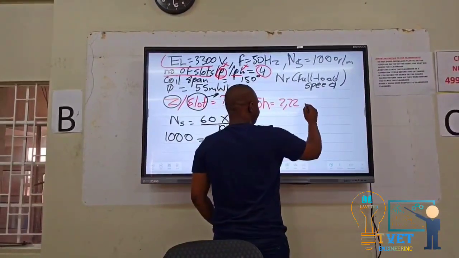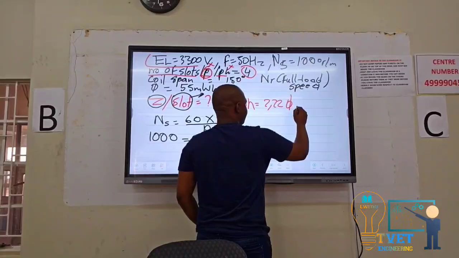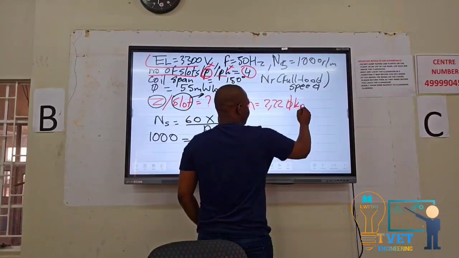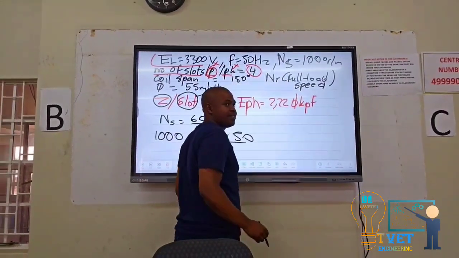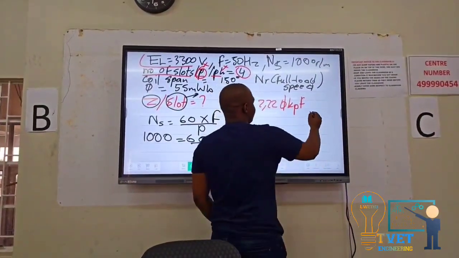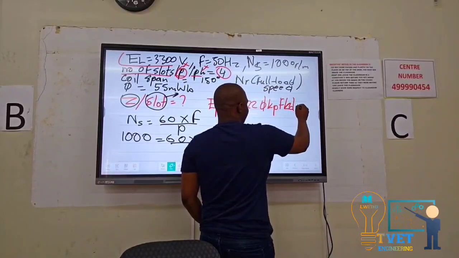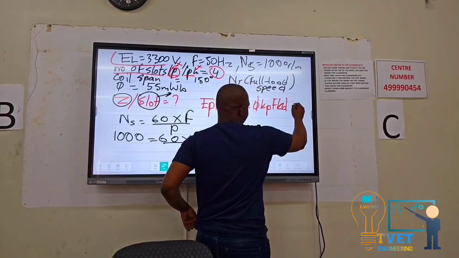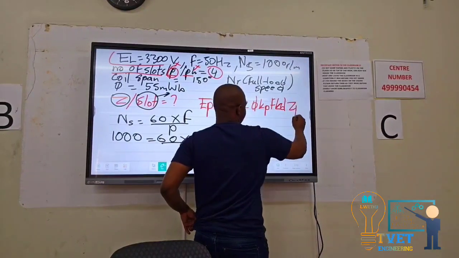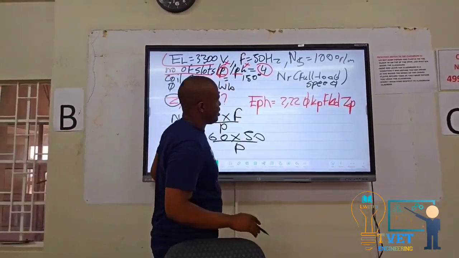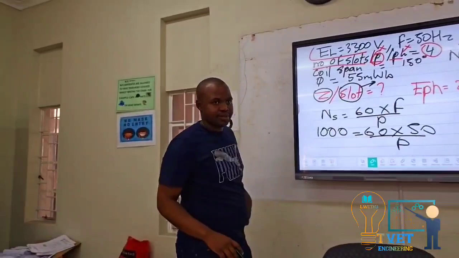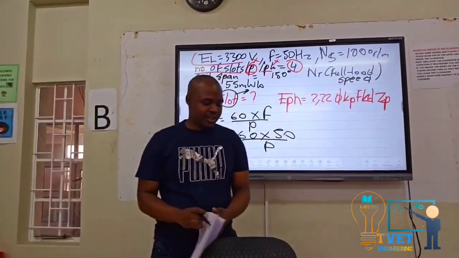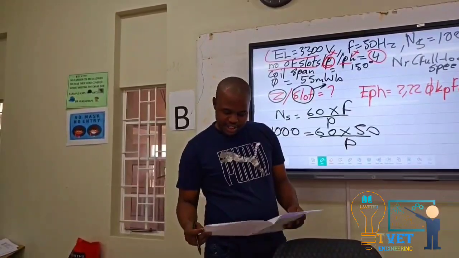The EMF equation: 2.22 times flux times pitch factor times frequency times distribution factor times Z per phase, where P is the number of pole pairs. The formula must be on the formula sheet.